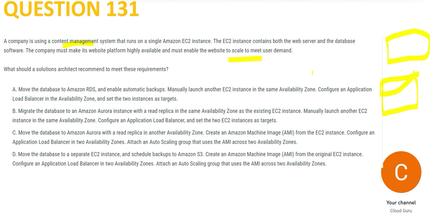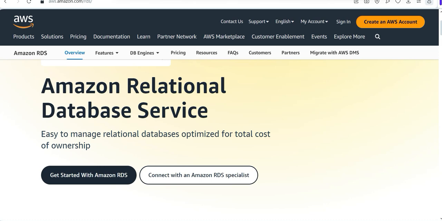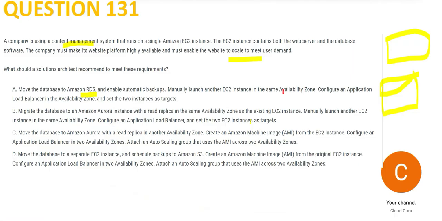Option A says, let's move the database to RDS. That is perfectly fine, because RDS is a managed database from AWS. It is a relational database service, and it helps with total cost of ownership and so on. But will this be a good option? Will it be highly available? They are saying we will spawn the EC2 instance in the same AZ. If these two yellow boxes are both in the same availability zone, and for some reason that availability zone crashes, you are screwed, right?